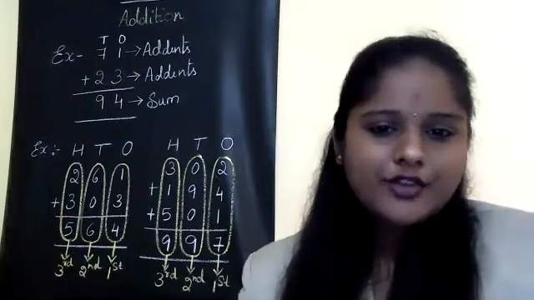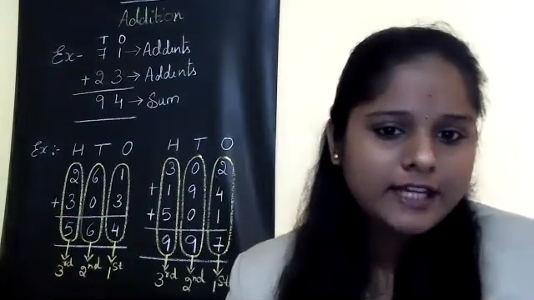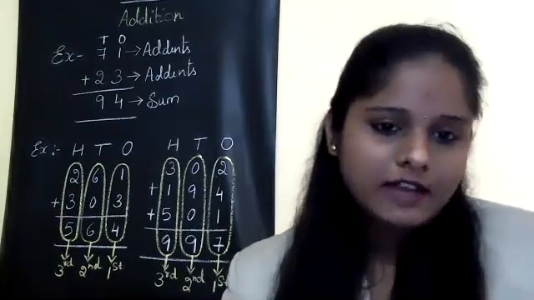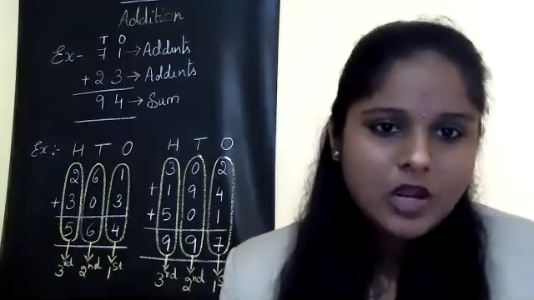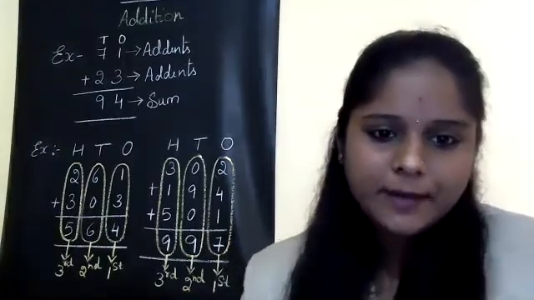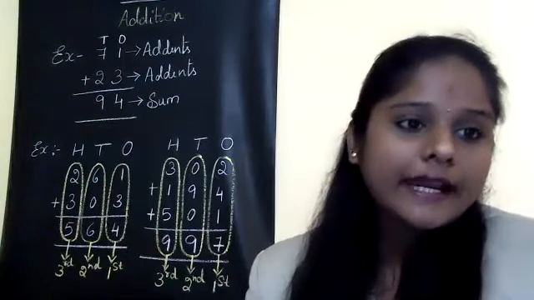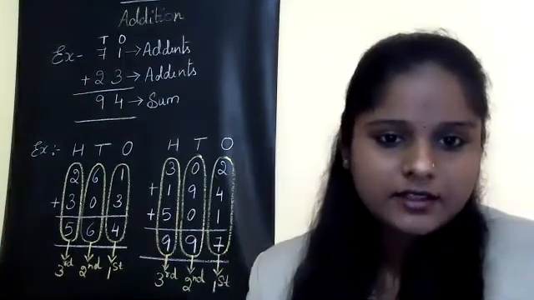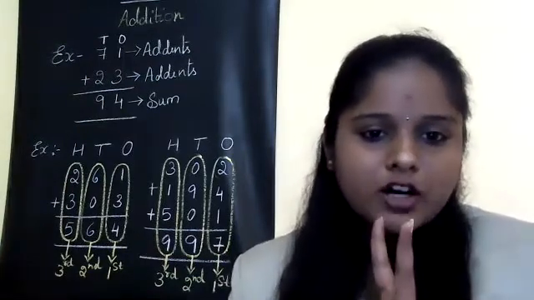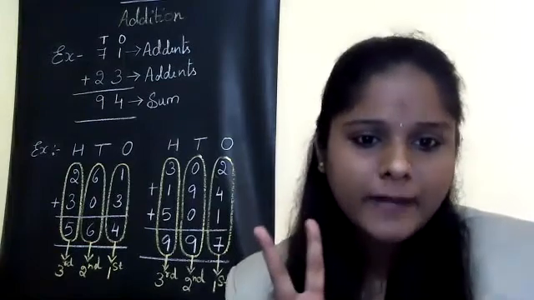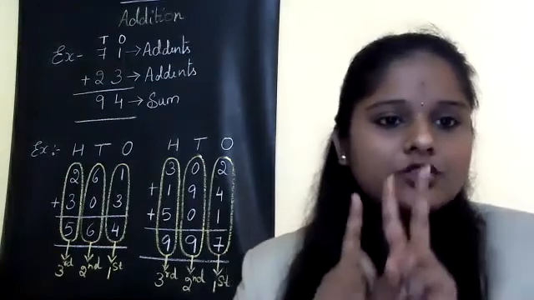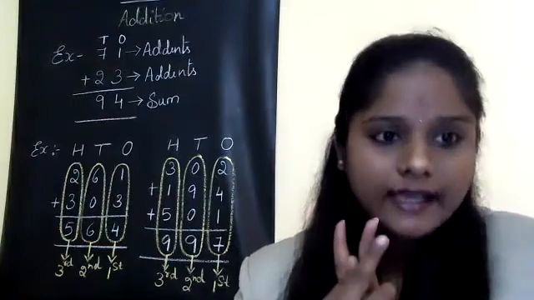So I will just give you a question, 71 plus 23. How will you add it? 71 plus 23. What is our first and foremost step? First, we have to write the places. A two-digit number will occupy two places, isn't it? That is ones place and tens place.